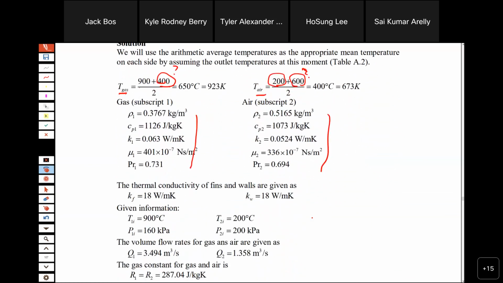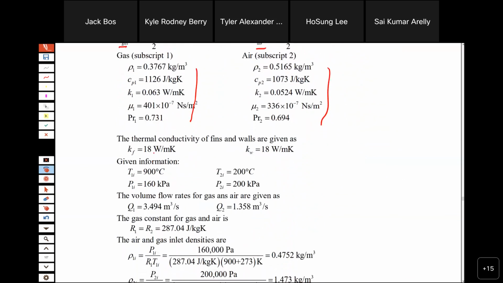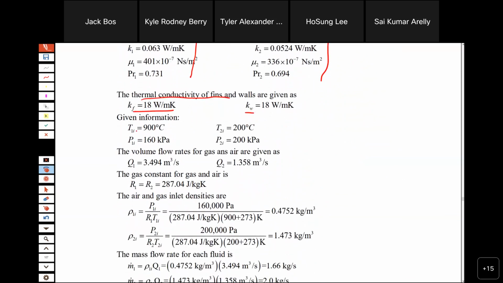Property tables, Table A2 for gas and air, and thermal conductivity of a fin is given. The high temperature inlet is 900, outlet is, and cold inlet is 200. Inlet pressure is given information.